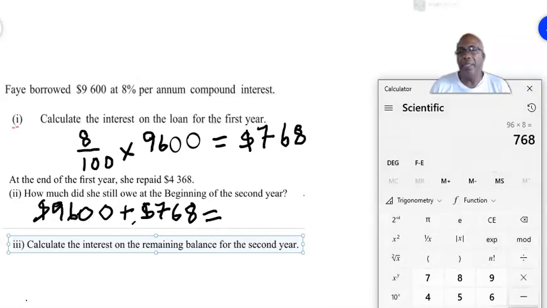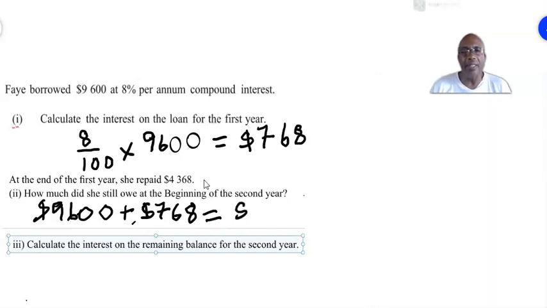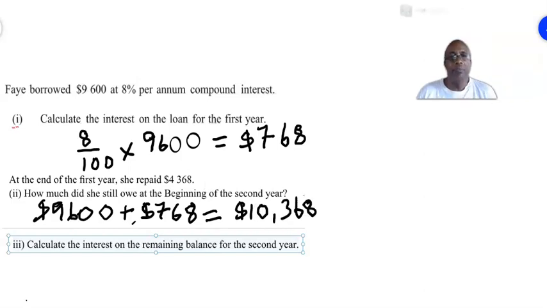768 plus 9,600, and we get $10,368. So that's the amount she owed at the end of the first year. She repays $4,368.